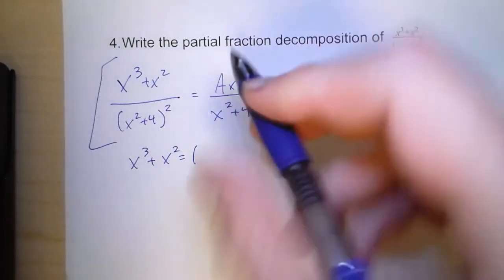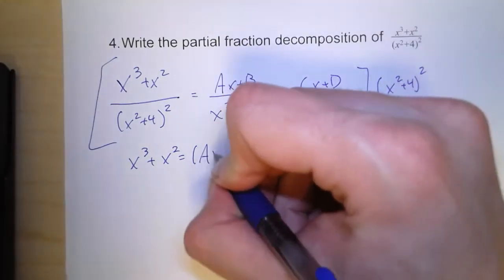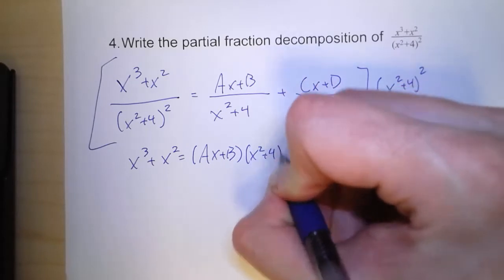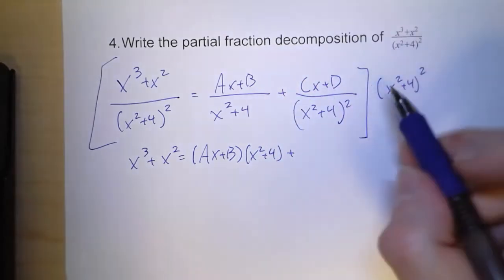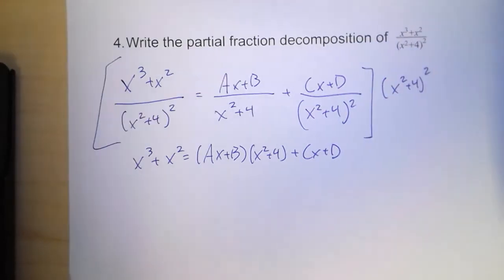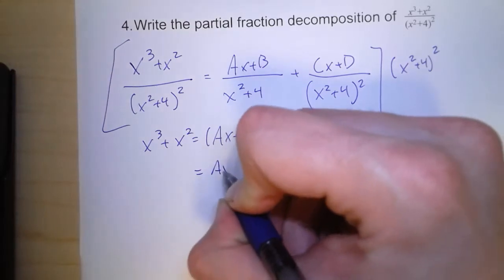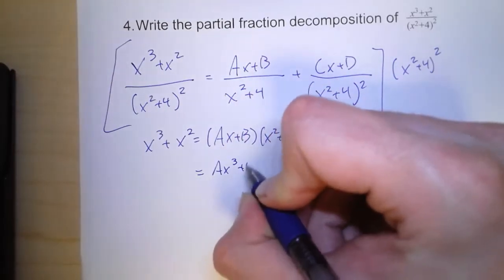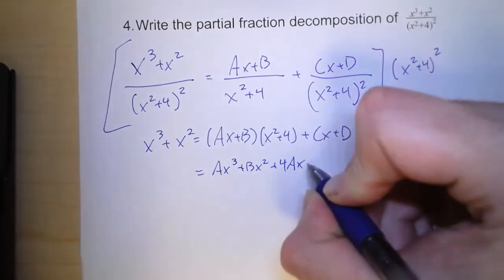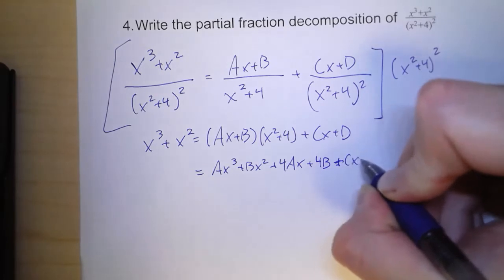And so here we're going to cancel one of the x squared plus 4. So we have ax plus b times x squared plus 4 plus, now both of these will cancel, leaving just cx plus d. Now we need to distribute this out. So we have ax cubed plus bx squared plus 4ax plus 4b plus cx plus d.